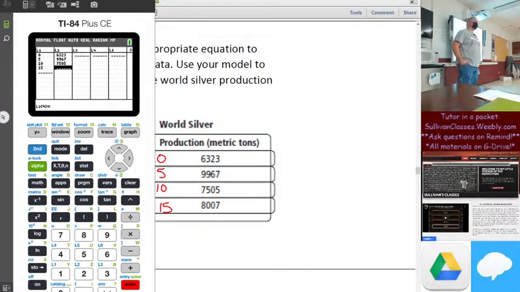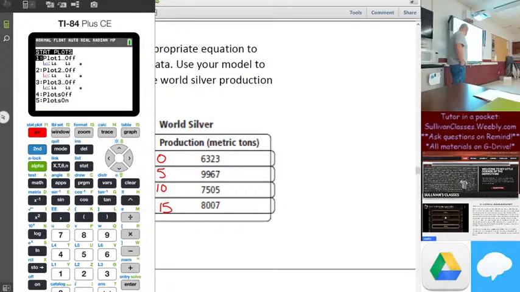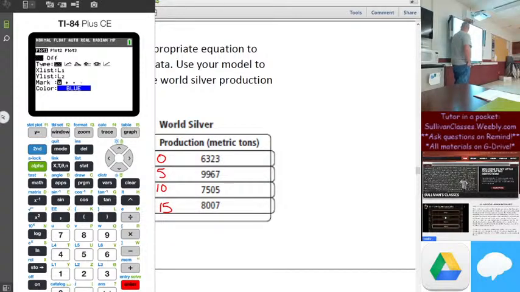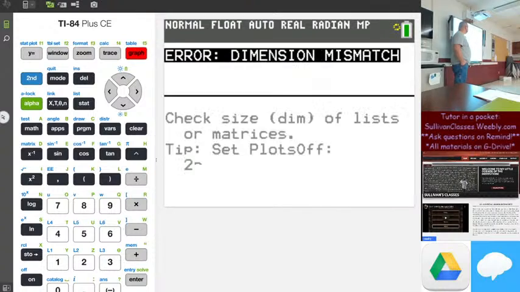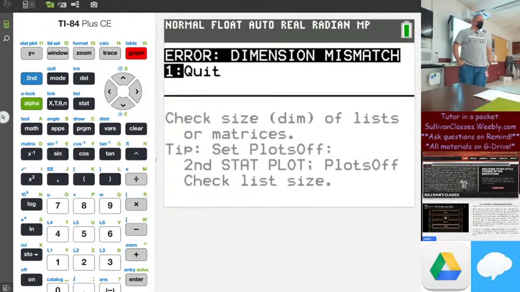Just to show you what it does. Yeah, I see you looking at me like, what? Hey, finish the sentence. What if I just forgot to put that last one in? When I go to turn my stat plots on, just because it says quit doesn't mean just quit.